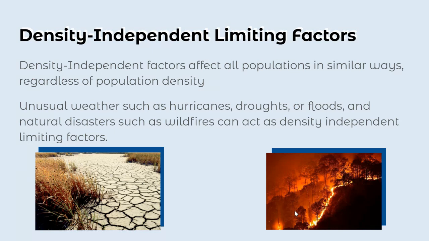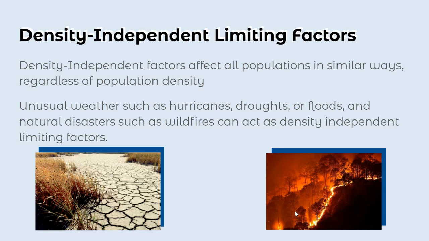Now we're going to talk about density independent limiting factors. Density independent limiting factors affect all populations in really similar ways, regardless of population density. So these are independent of density. They will hit small populations just as much as they will hit big populations.